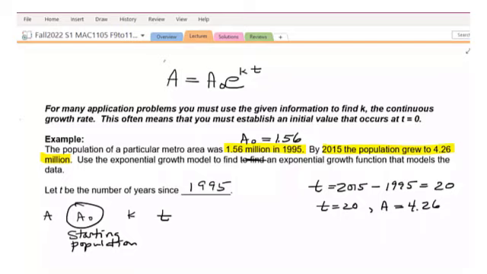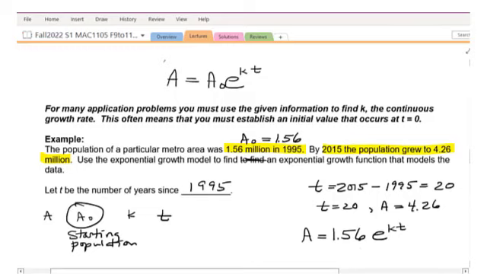Okay. So we are now going to take the information that we have and create a formula from it. The way you do that is you start by just rewriting the formula, but putting, instead of A sub 0, the starting population, which we said was 1.56. So we have A equals 1.56 e to the kt. Now, e is not a variable. e is the number approximately 2.71.